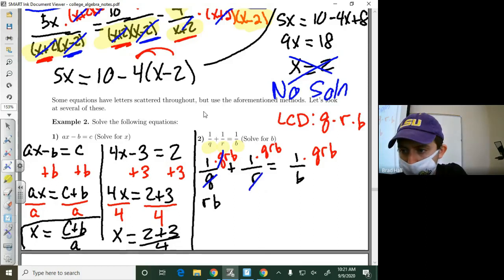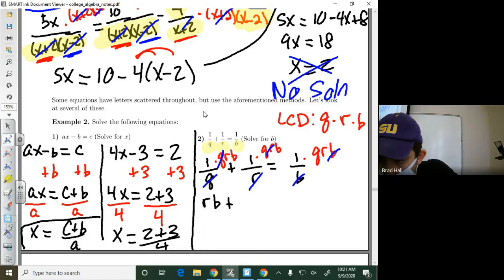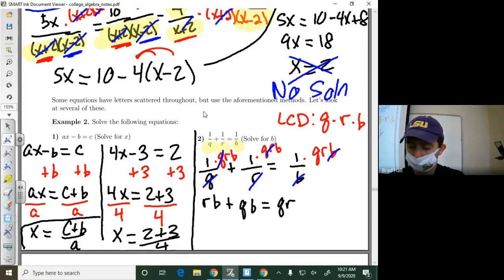The R's cancel. And then the B's cancel. We can fill in those corresponding blanks. QB is equal to QR. So again, it looks messy because of the symbols, but this is pretty much the best we can deal with for now.